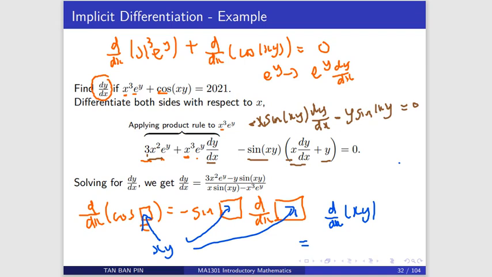So it's this term minus x sine xy dy/dx minus y sine xy equal to 0. And then you can bring around. So you bring the y sine xy term and the x cubed e power y dy/dx term to the right side. And then you should be able to make this your answer for dy/dx.